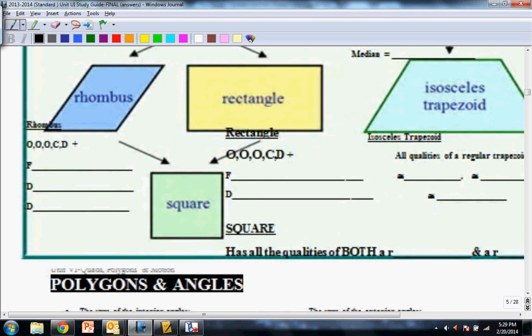A rhombus is a parallelogram, so it has all the OCD qualities plus 4 congruent sides. Plus diagonals which are perpendicular and make a right angle in that middle there.